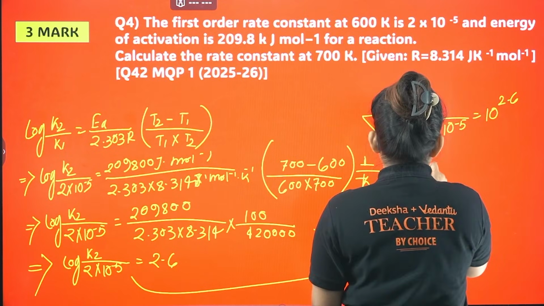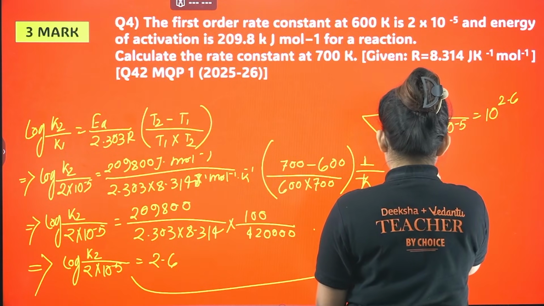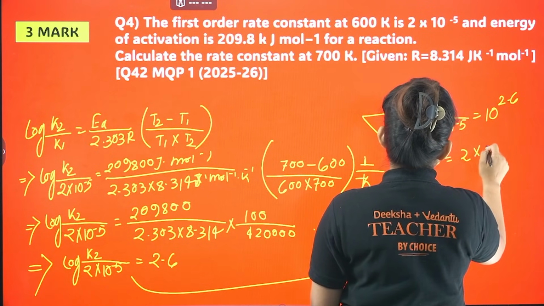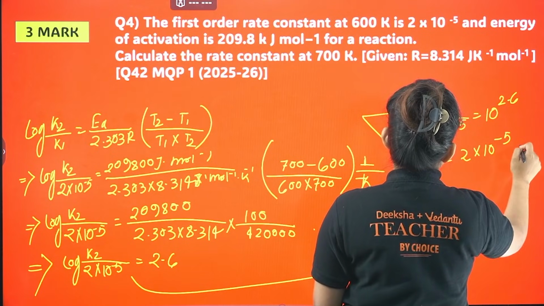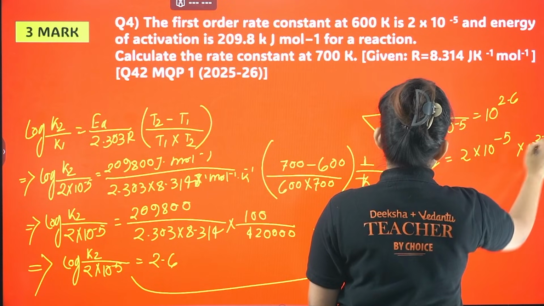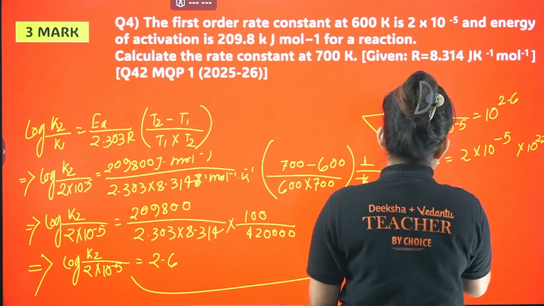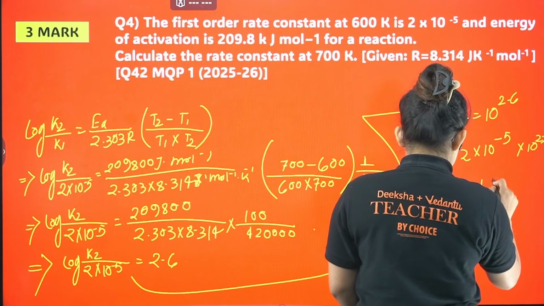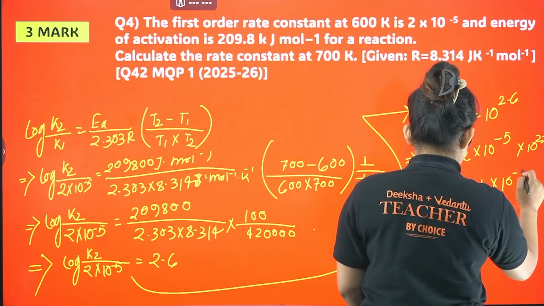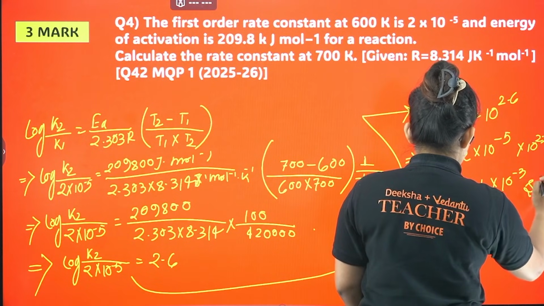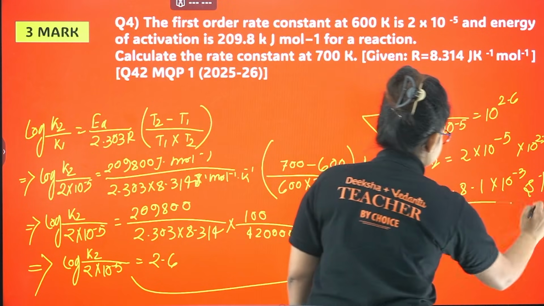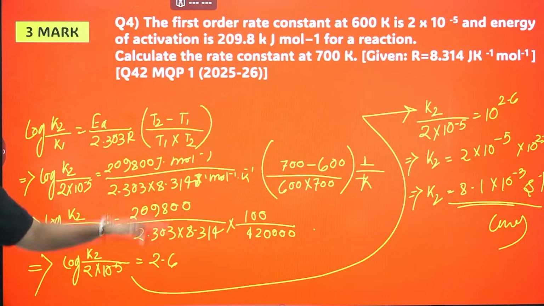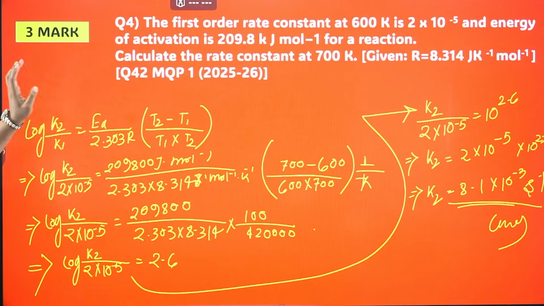Okay, so now what we can do is K2 equals 2 into 10 power minus 5 into 10 power 2.6. So if you just calculate this, it will come up to be something like 8.1 into 10 power minus 3 second inverse. Okay, I guess this is clear. The full calculation I showed here, I guess it's clear for you.